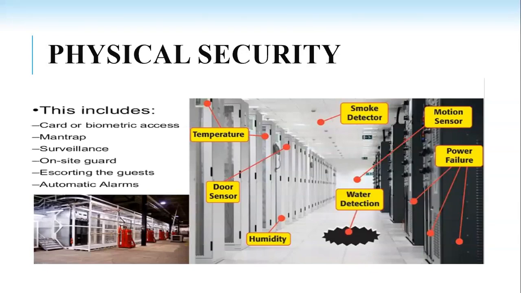And there should be a camera to record all the activities. And there should be escorts to guide the customers. And alarms should be there, and all these alarms will be activated automatically when there is a fire or smoke or a power failure in the server room.